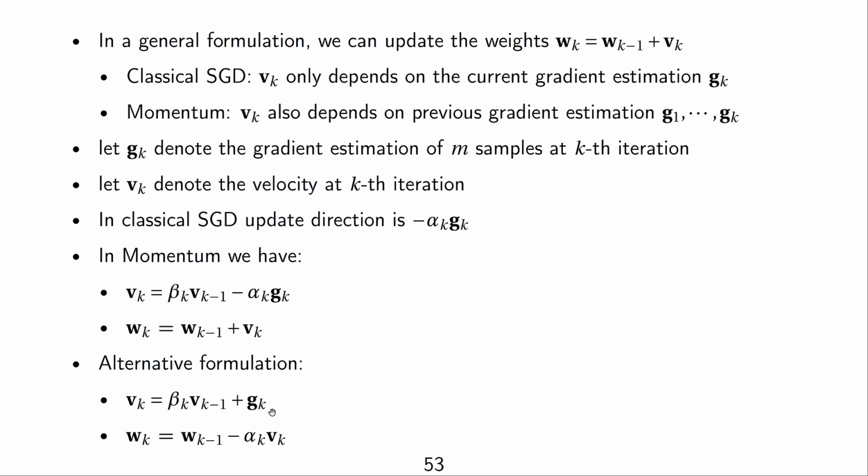In yet another variation here, again we see beta k times v k minus 1. This is the same, but here we simply add the gradient. And then in the weight update step, we subtract alpha k times the velocity. The main point here is not to get confused when you see these different methods, because in the end they're equivalent.